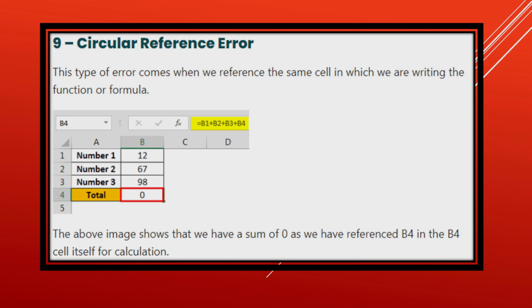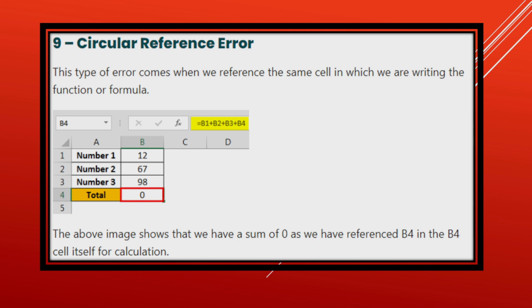And then the last one, our circular reference error, and sometimes you'll see this. In fact, most times when you've done something like this and you open your spreadsheet, it gives you that error immediately. They tell us this type of error comes when we reference the same cell in which we are writing the function or formula.